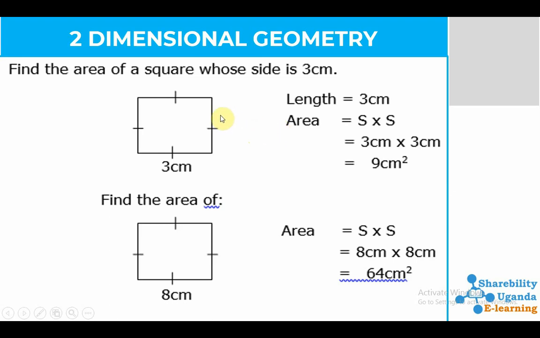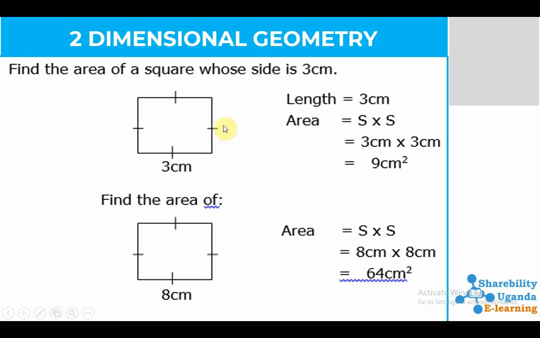Now, when you look at this square of ours, it has sides. We have this side on the left, and we have this upper side. We also have this lower side, and this side which is on the right.